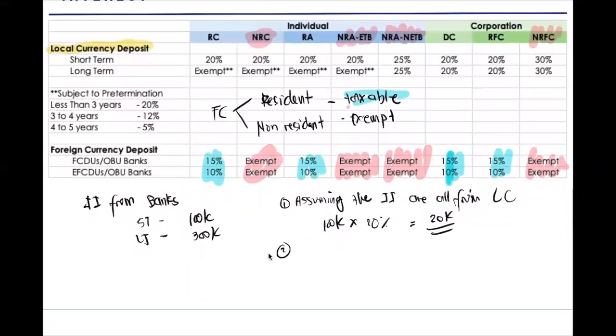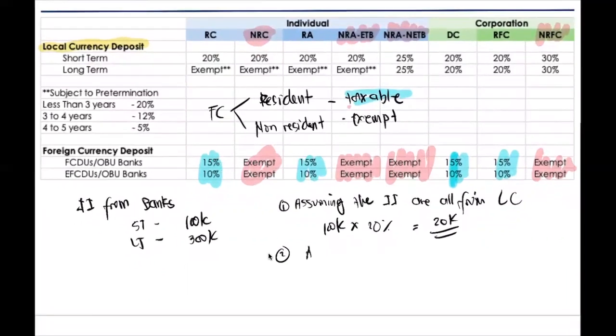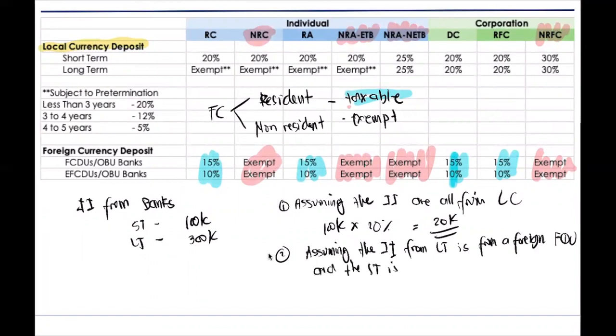So what if, assuming the interest income from long term is from a foreign bank, FCDU, and the short term is from a local bank, local currency?